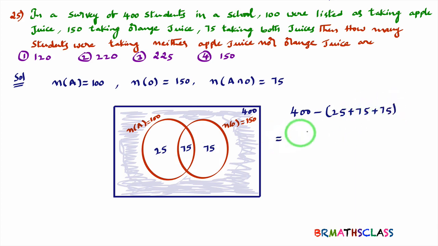Okay. So 400 minus, 75 plus 75 is 150. 150 plus 25 is 175. 400 minus 175 is 225. You need to understand what this 225 is: the number of students who are taking neither apple juice nor orange juice. So which option is the right option? Third option is the right option.